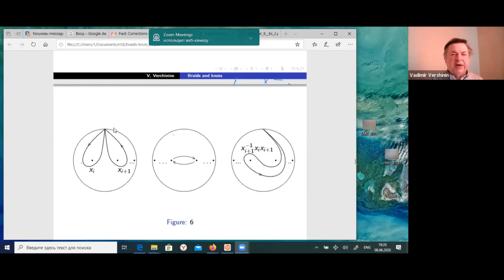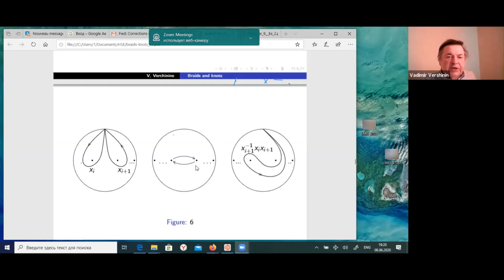This is another generator. And now simply make the rotation. So these are two neighboring points. You put a small circle here and make a rotation. Here in the negative direction, I don't know why I put negative one, in some direction, clockwise.